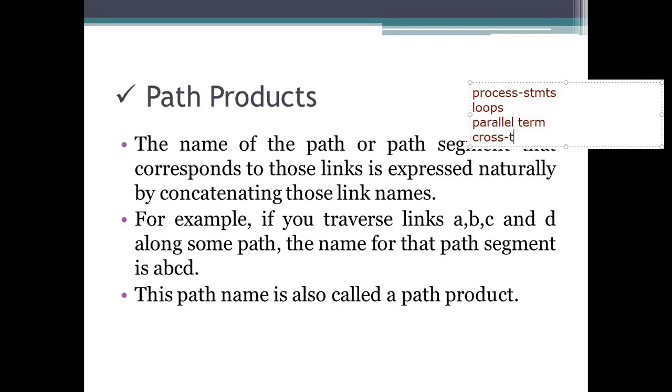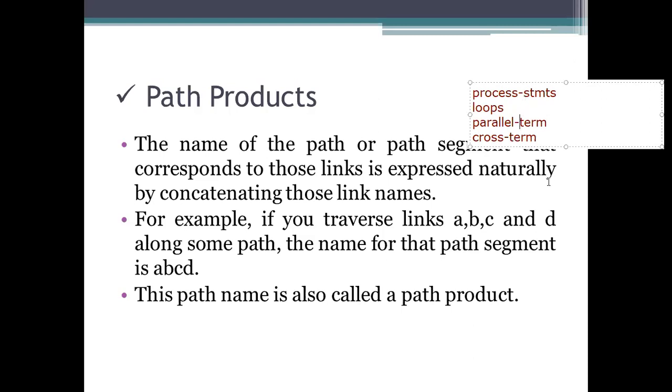These are the things it will include while processing. Loops means that while executing a program, we have loops here. How are we specifying the loops? How are we specifying a parallel term, a cross term, or the path products or path sums representation?